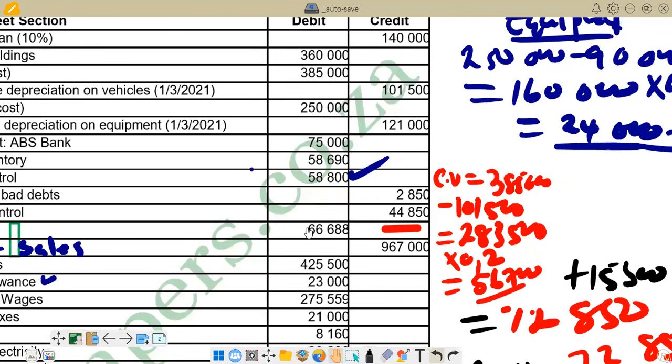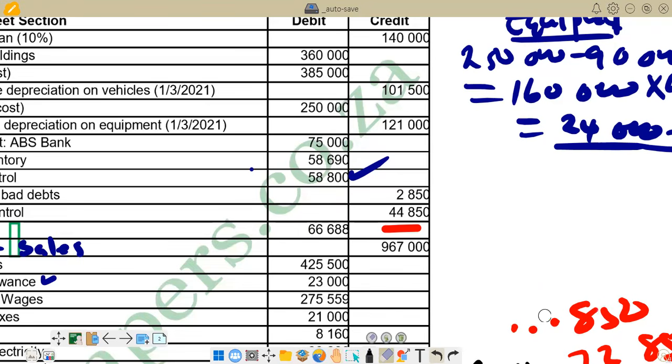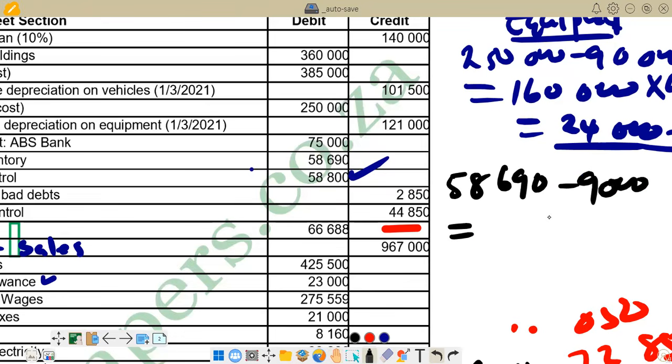So what we are saying here is the figure for inventory is 58,690, and then we subtract the 9,000 that was sold but not recorded, the goods. And then we got 49,690.